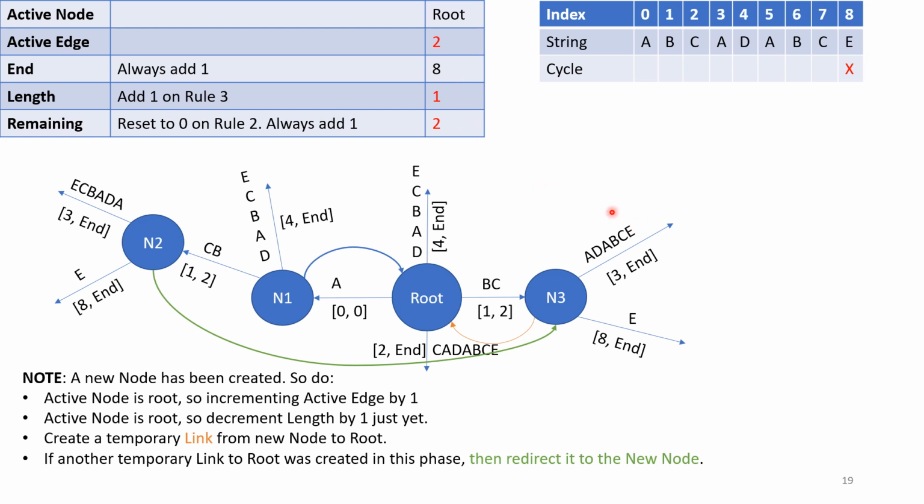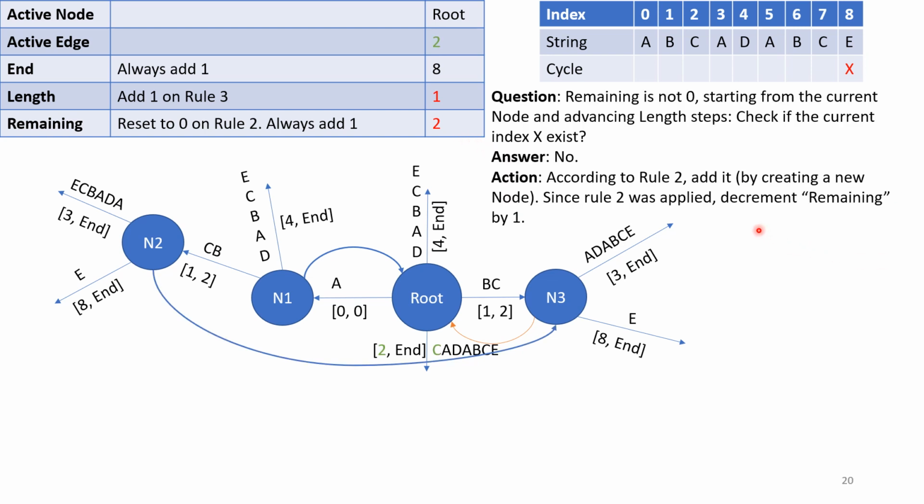Now we're still stuck because remaining is not 0, therefore we need to ask the question once again. So from the current node, root, advancing in the direction of active edge 2, here's 2, we'll go one step, so we end up in C again. We ask, do we have an E?